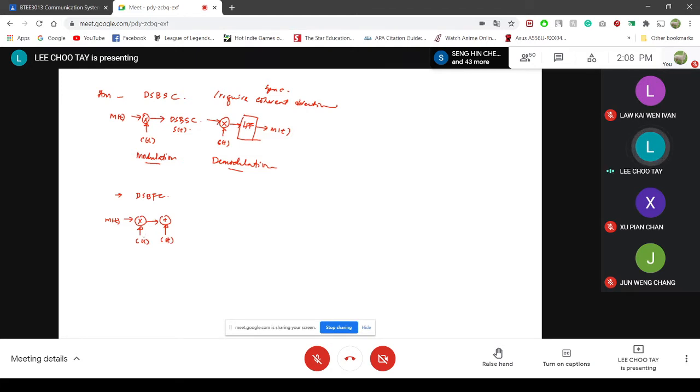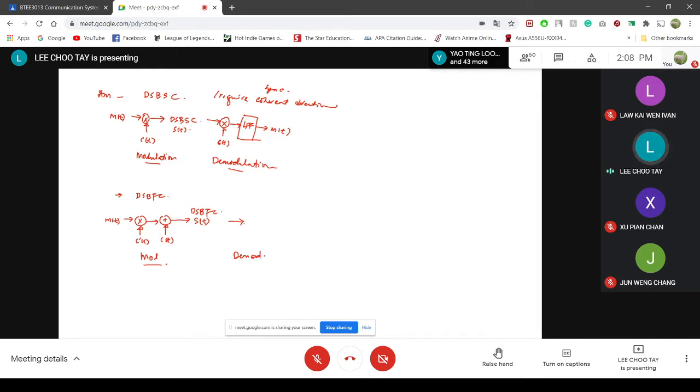Of course, these two are not exactly the same. That will give us the double sideband full carrier signal. So we send the carrier along with the modulated signal. This is the modulation side and this is the demodulation side.